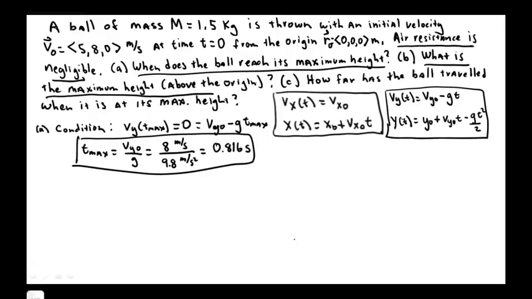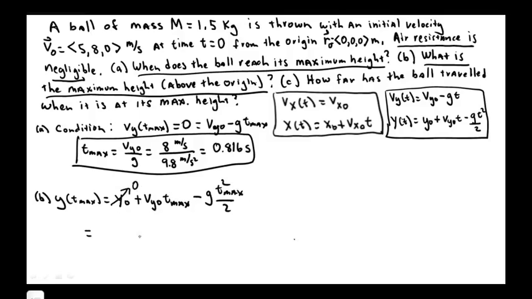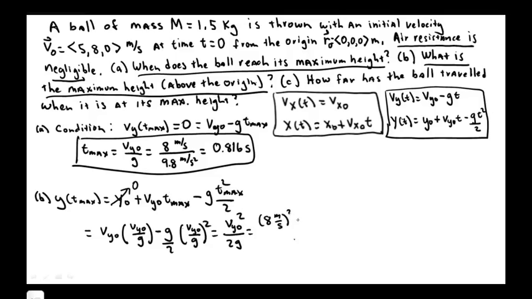Next, for part B, we can find the height of the object at that time by evaluating our expression for y of t at t equals t max. We do this symbolically first, and when we do the algebra, we obtain this result, which, when we plug in our numerical values, gives us pretty much what we found from our computer solution.